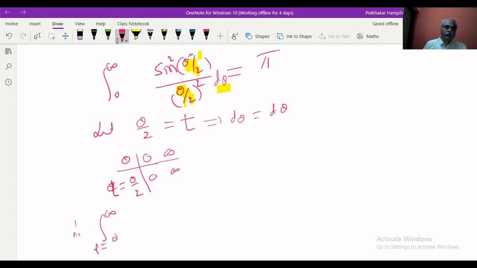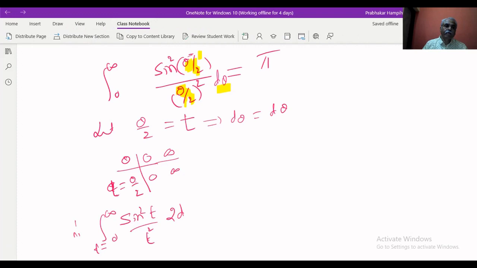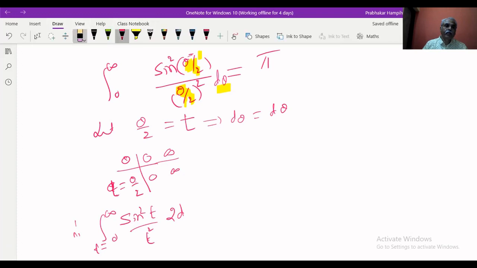What we are going to get is the integral from 0 to infinity of sin square t by t square, with 2 dt, equal to pi as it is. So here we are having the final answer.